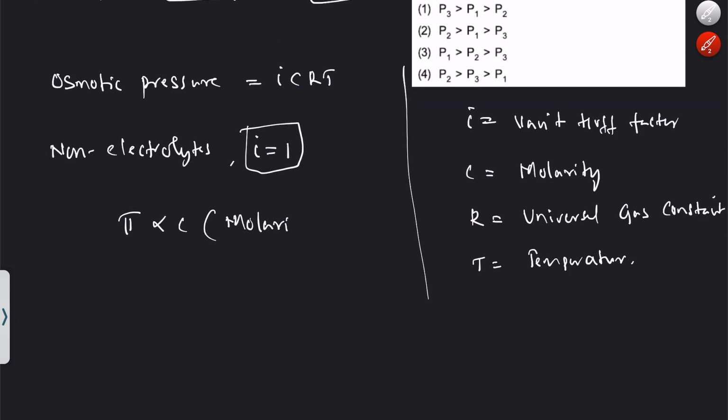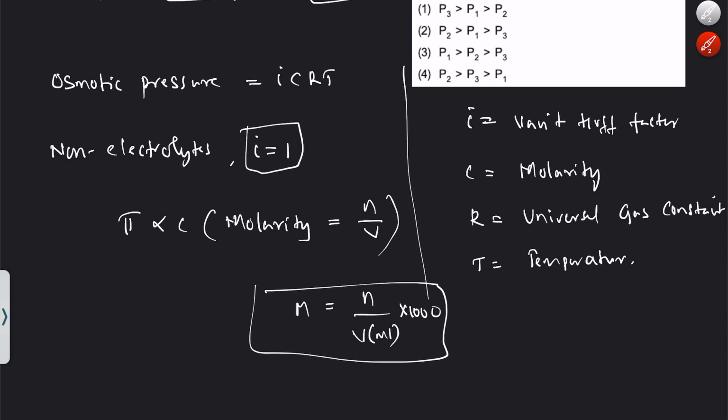C is nothing but molarity, whose formula is n by V, that is, the number of moles of solute dissolved in 1 liter of solution. If V represents the volume of solution and it is taken in ml, then the formula of molarity is n by V upon 1000.